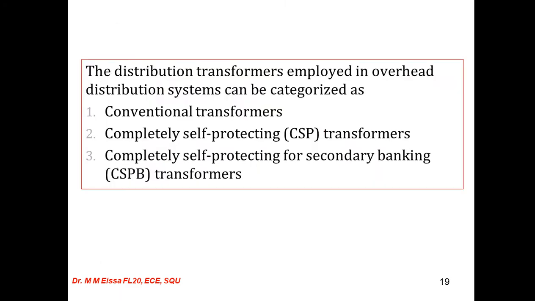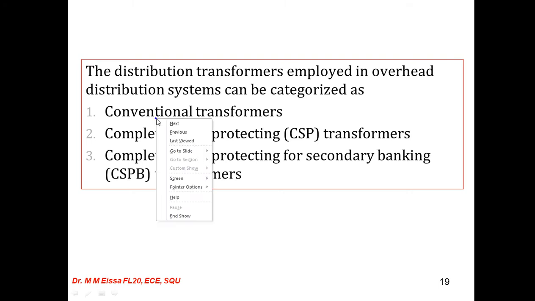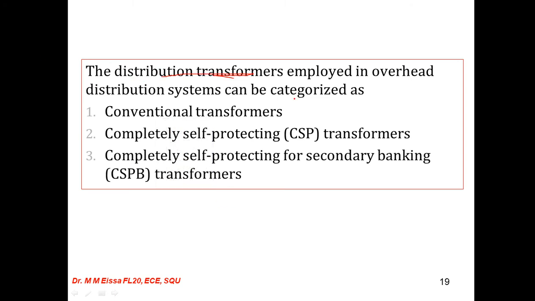Here there are some categories for the distribution transformer. It is very important actually. We have the conventional transformer. We have the completely self-protecting, called CSP, transformers. And the last one is completely self-protecting for secondary banking transformers. These have specific types of connections in the secondary, and it is very common.